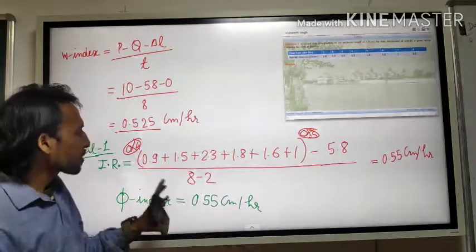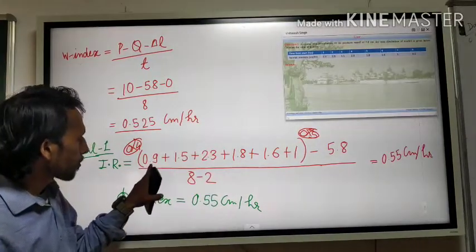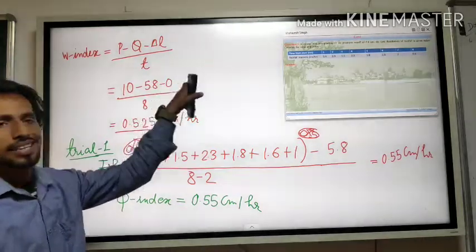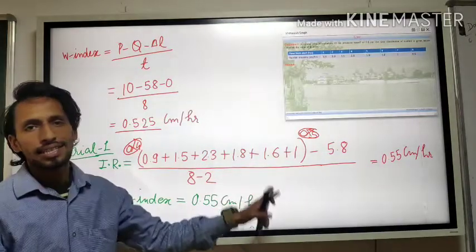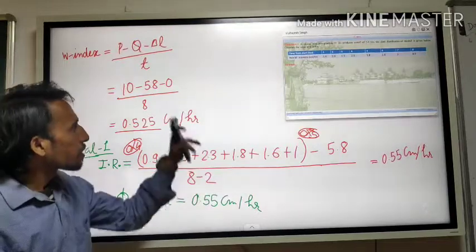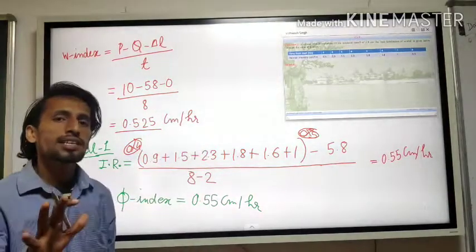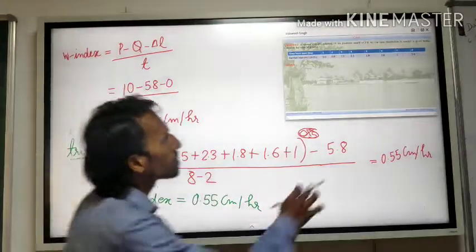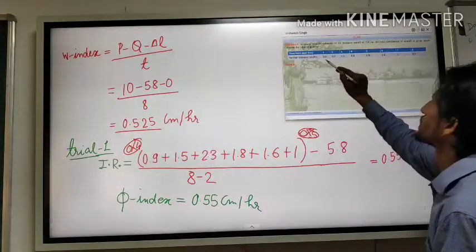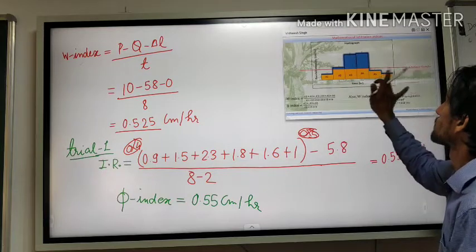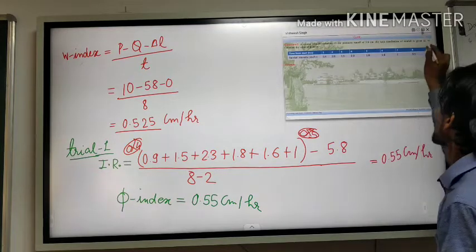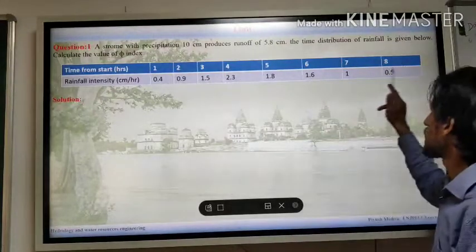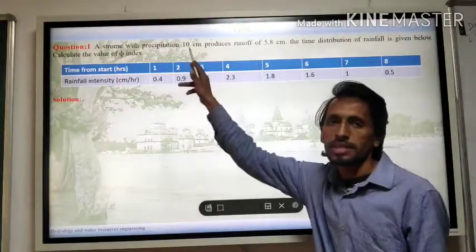Now some of you must be confused with this, like here I was doing like this, here I was doing like this, but both calculations are the same. If you add all these values, it is nothing but your total precipitation.